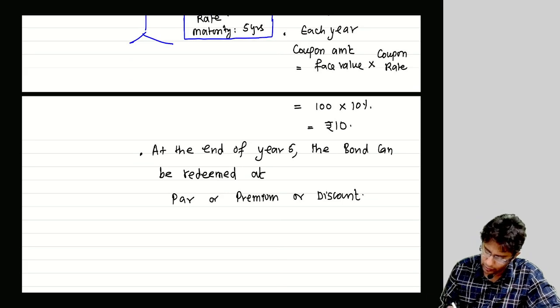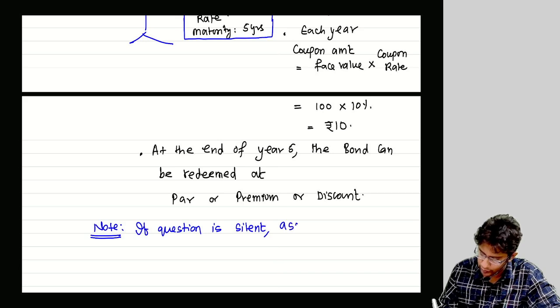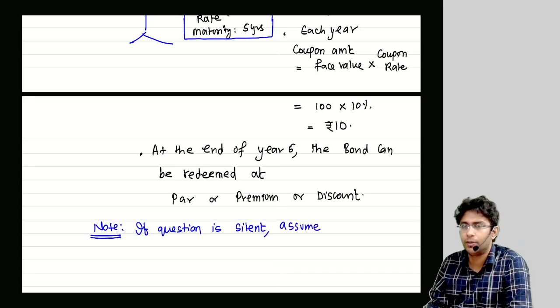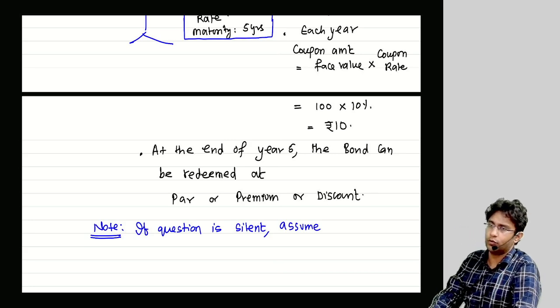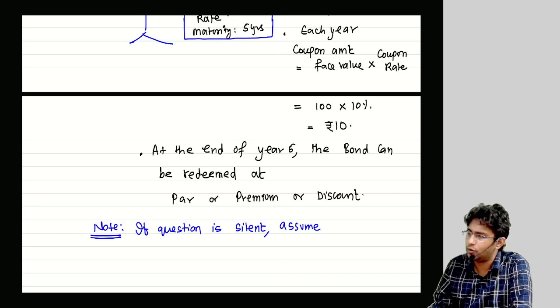Here one note point you have to remember is, if the question is silent, what will you assume? Obviously, you don't have a choice, no sir. If you assume that it is redeemable at premium, how much premium? You do not know. If you assume that it's redeemable at discount, you don't know how much the discount is as well. So you don't have a choice basically.